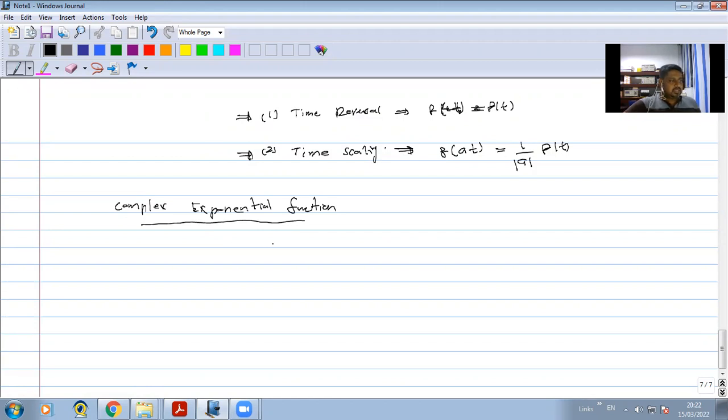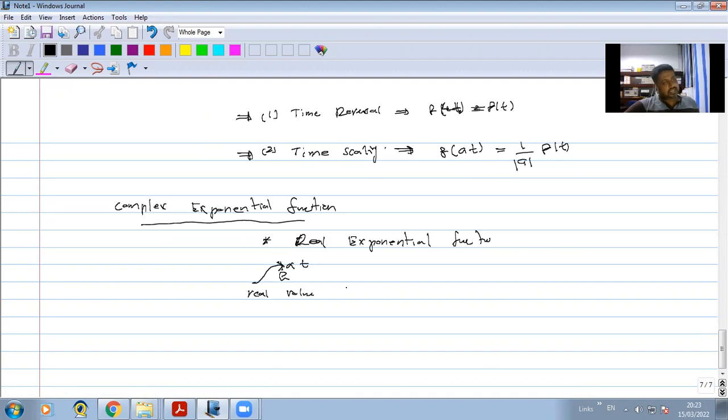Before that, we have the real exponential function. Normally it is referred to as e to the power alpha t, where alpha is a real value.